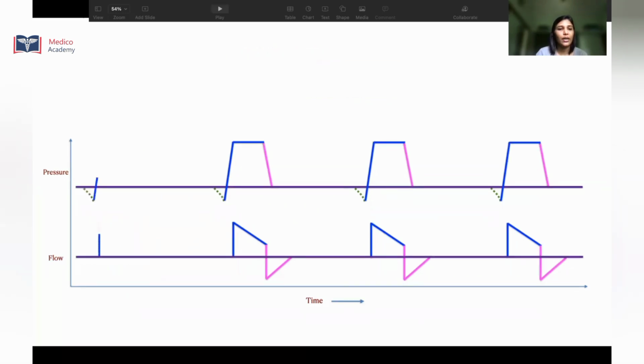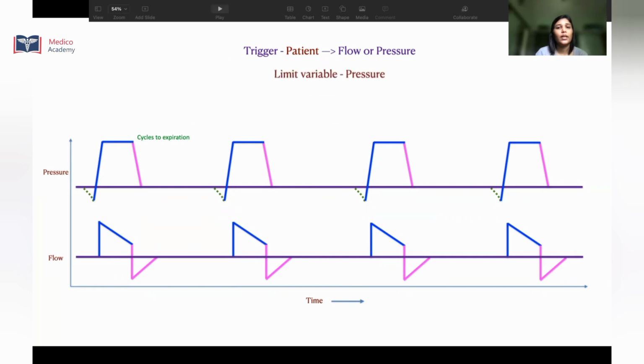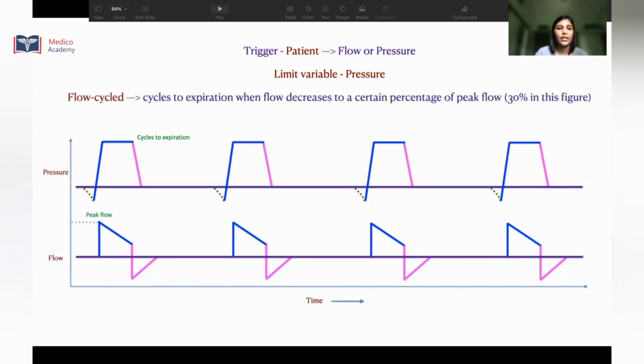In this graph, you can see that inspiration now cycles to expiration. Here the trigger is by the patient. It is either the drop in flow or the drop in pressure in the airway that is sensed by the ventilator. The limit variable is the pressure in pressure supported ventilation, whereas the cycle variable is the flow.